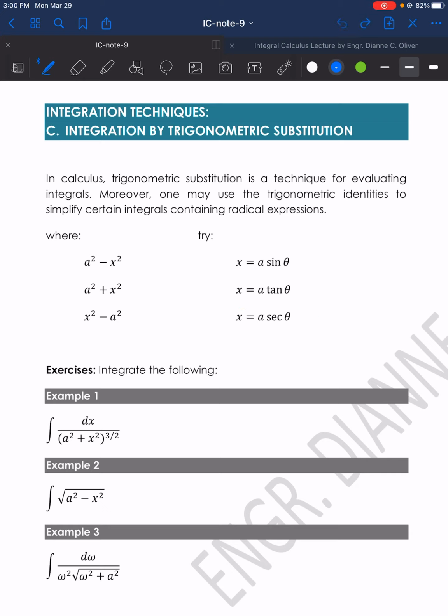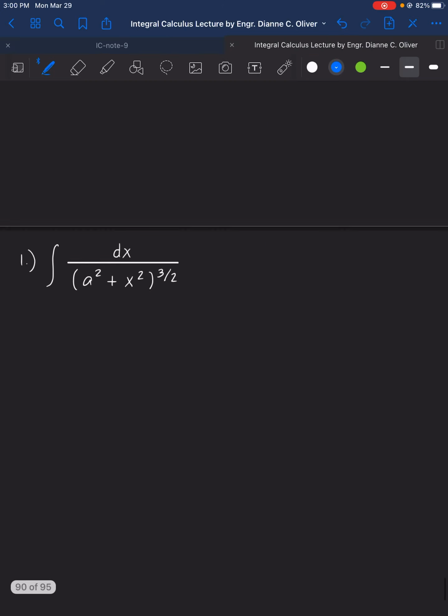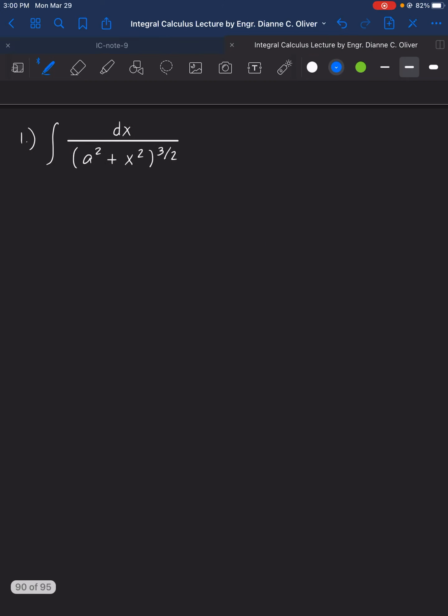Now, let's solve the following examples. Number 1. The integral of dx over a squared plus x squared raised to the power of 3 halves.